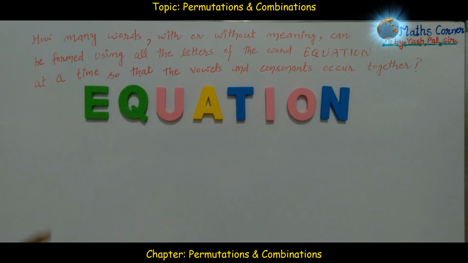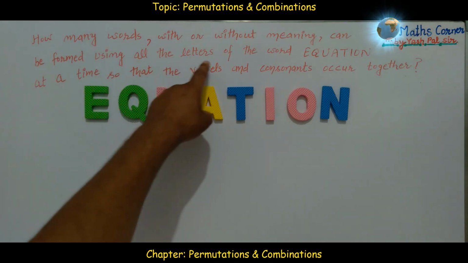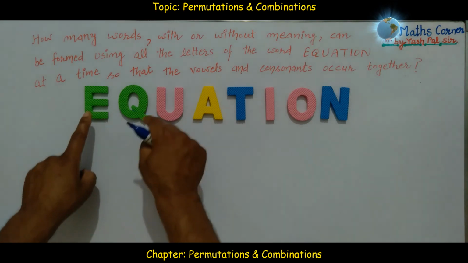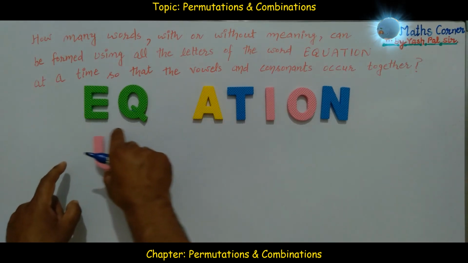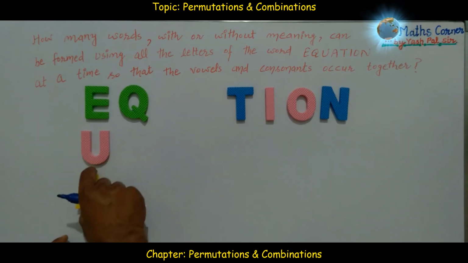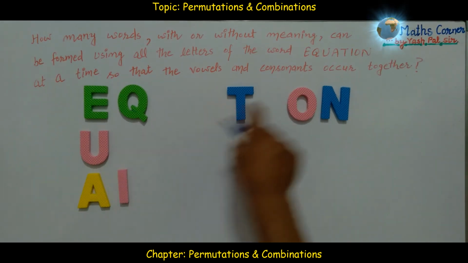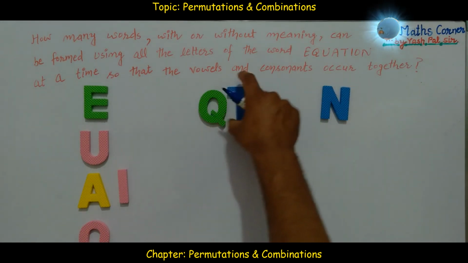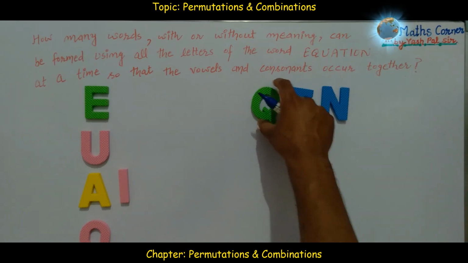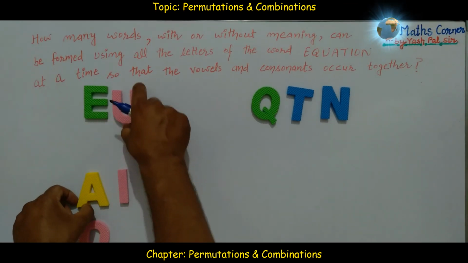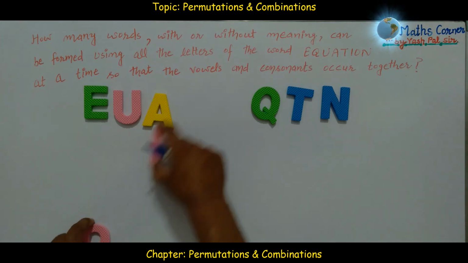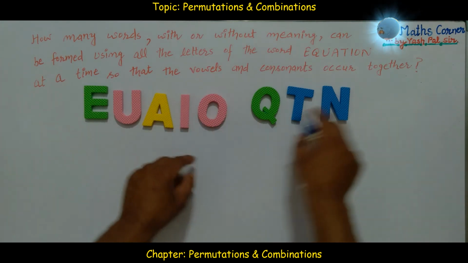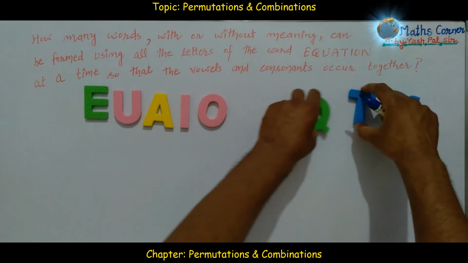But the thing is, we need to collect vowels together. So, E, U, A, I, O. Okay. So, next are the consonants. The vowels E, U, A, I, O are kept here.